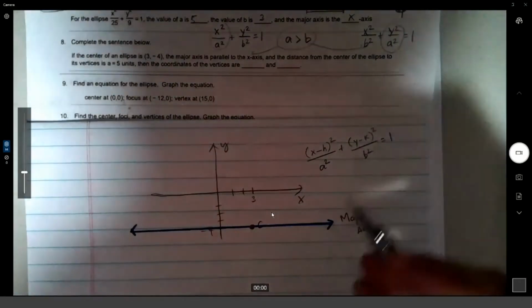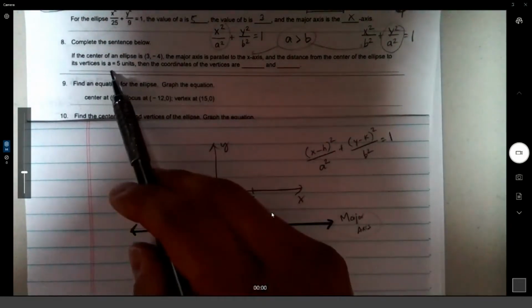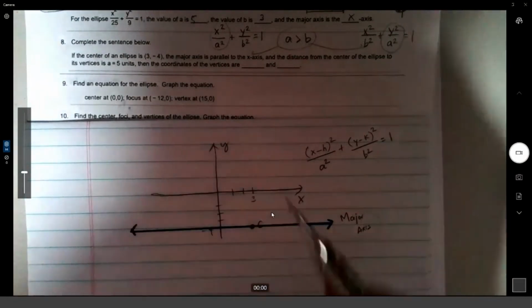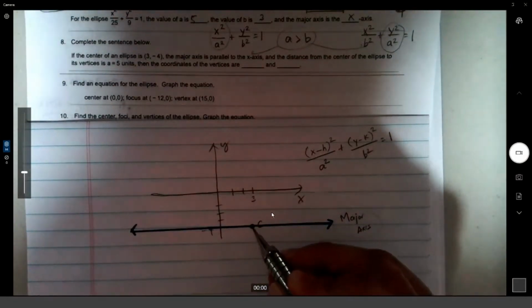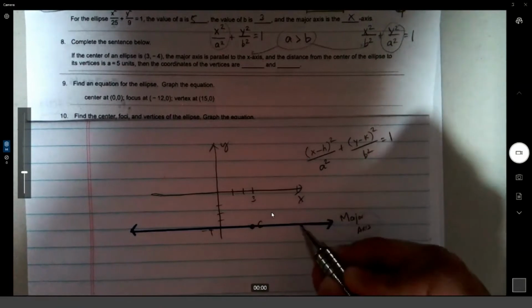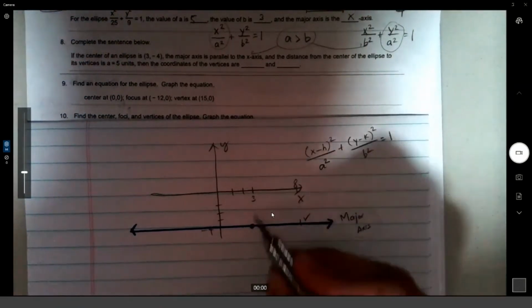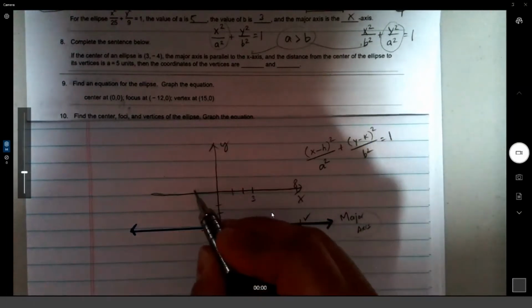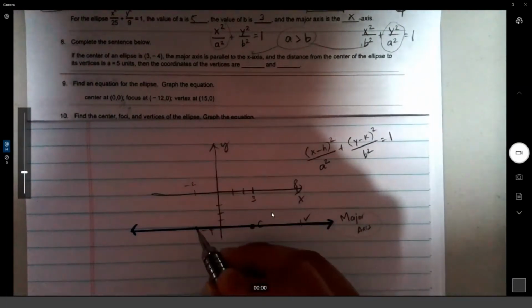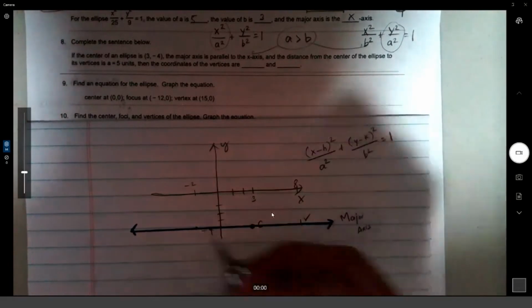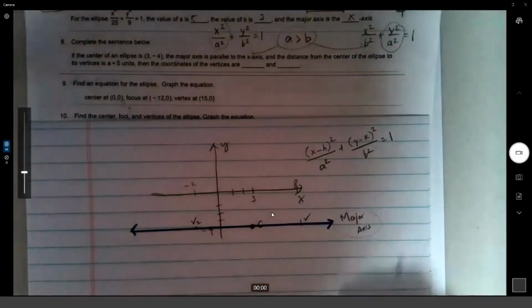All right, so it says that the vertices are 5 units away. Okay, 5 units away from the center. So, oh, that puts it at 8, right? And then 5 units away this way. Can we say that that's negative 2?